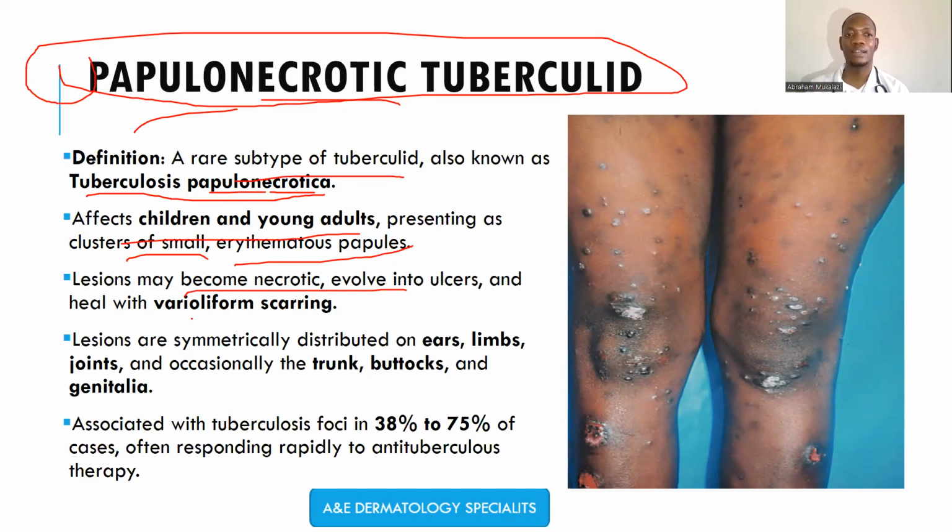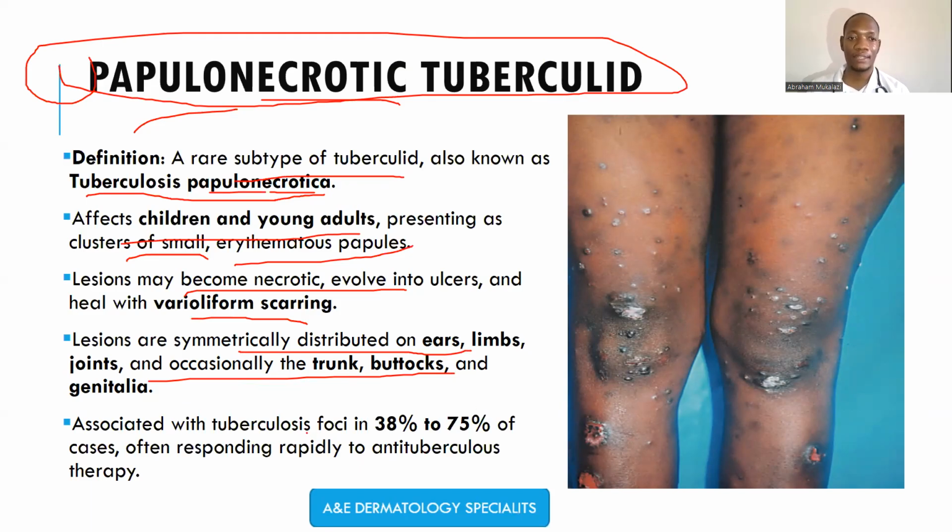It presents sometimes as clusters of small lesions, sometimes as edematous papules, but later on they become necrotic and then evolve into ulcers that can heal with varioliform scarring, like the ones we see in chickenpox, or sometimes they end up looking like prurigo nodularis. This usually affects both sides of the body symmetrically, and they can be on the trunk, buttocks, and also genitalia.